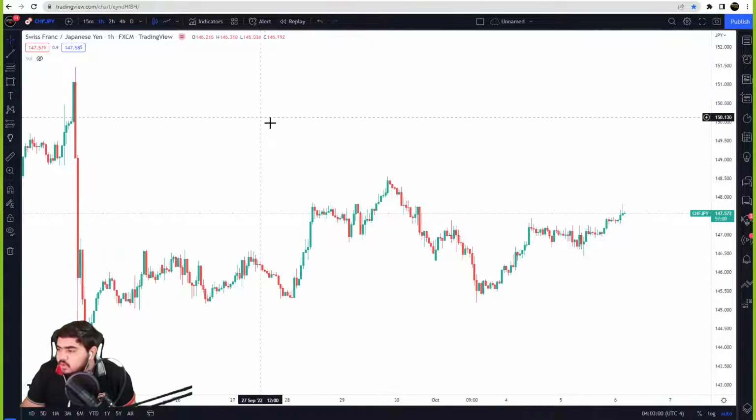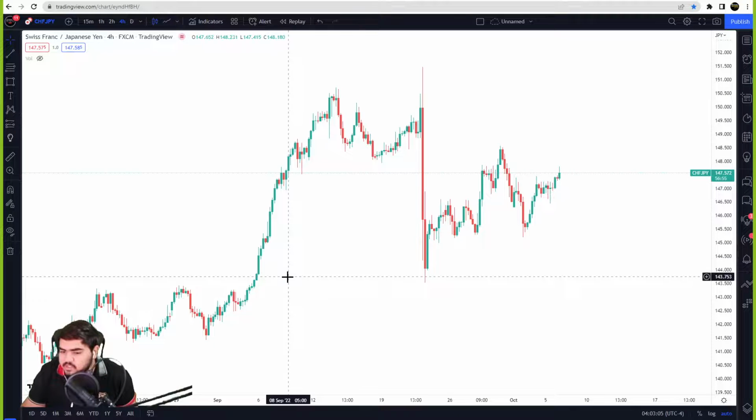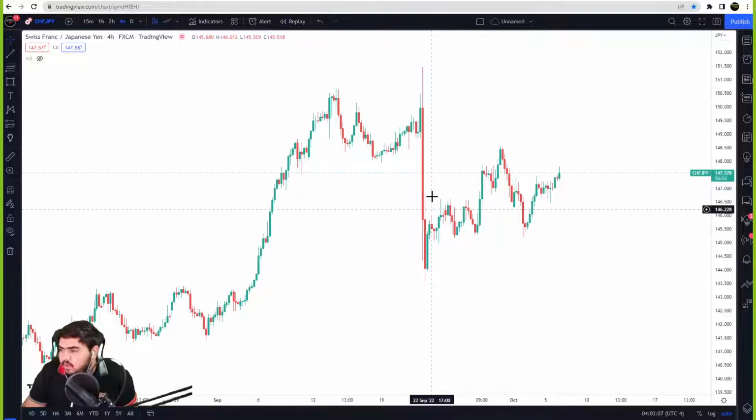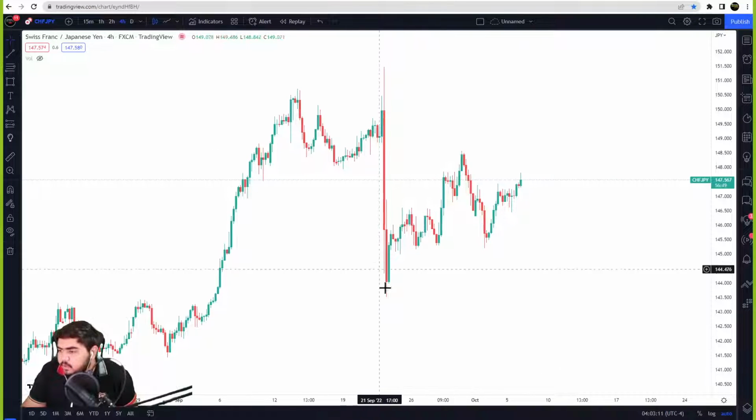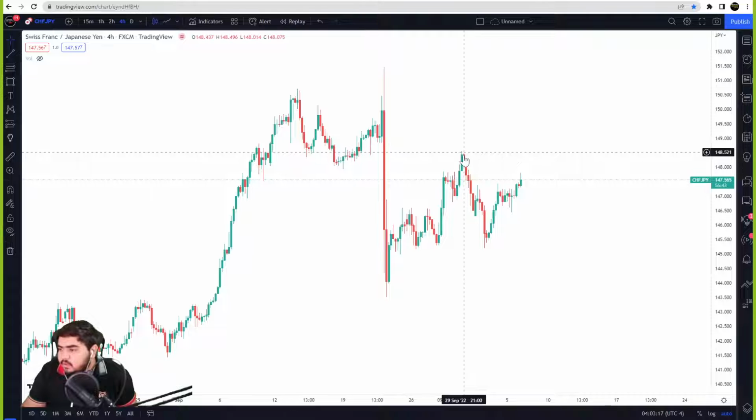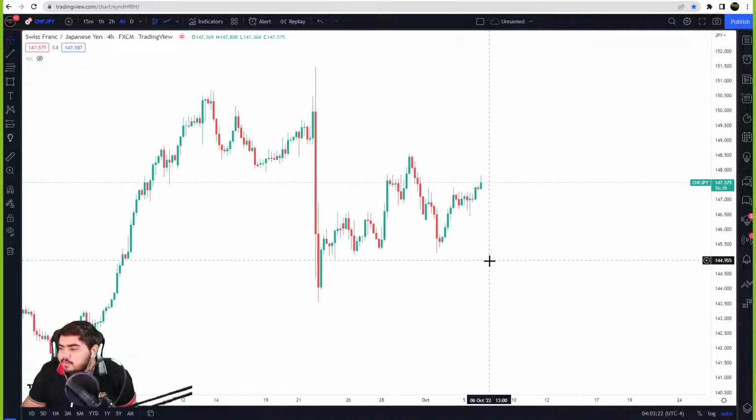So on the 4 hour time frame, CHF JPY is looking very bearish. We can see it has been making lower lows and lower highs, and there is this huge imbalance area. Market has entered into the imbalance and pushed lower from this area.